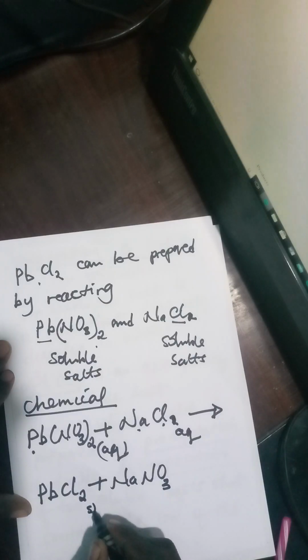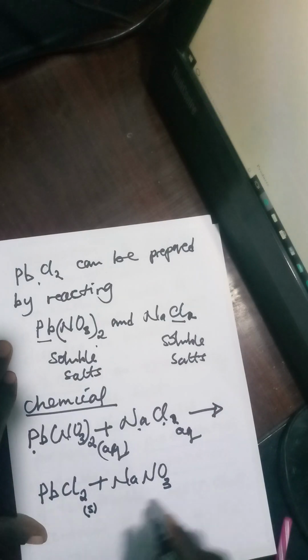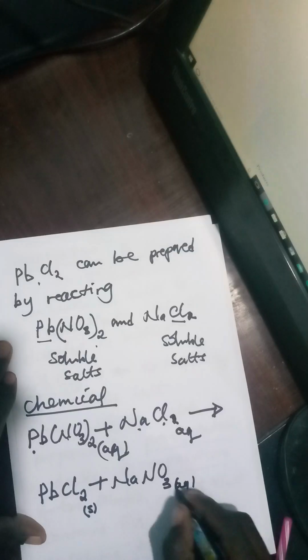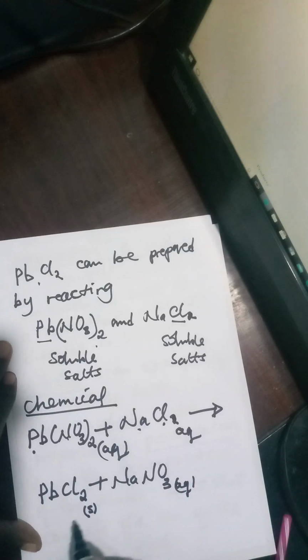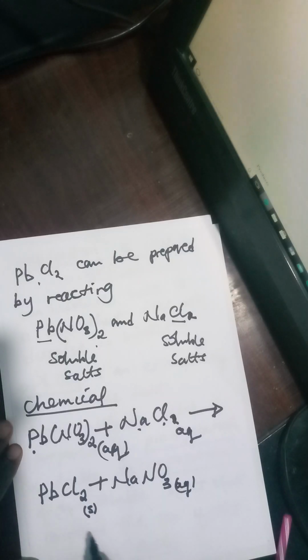So this one is in solid state to show that this is an insoluble salt, and this one is in aqueous state to show that this is a soluble salt. So that is how the reaction takes place, and this is how you can explain the preparation of an insoluble salt.